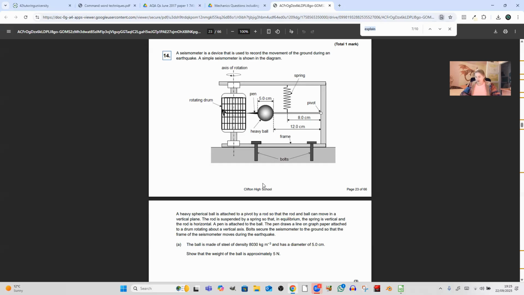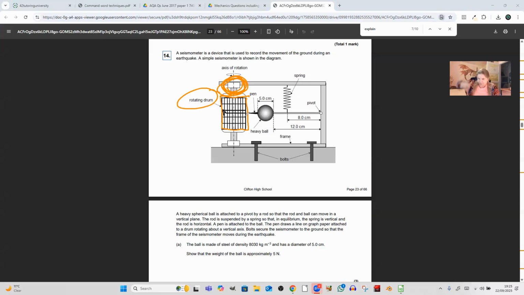So what we've got here is a paper trace. This drum, can you see, is a rotating drum, going round and round, and it's leaving a trace, and this ball is pressing against it. There's a pen pressing against it, leaving a trace. When the ground shakes, the ball kind of stays where it is and the ground moves past it.